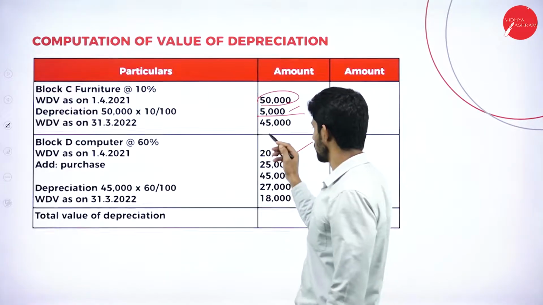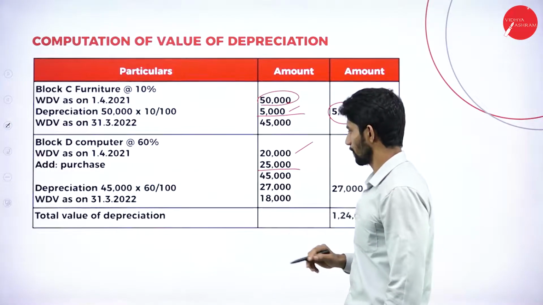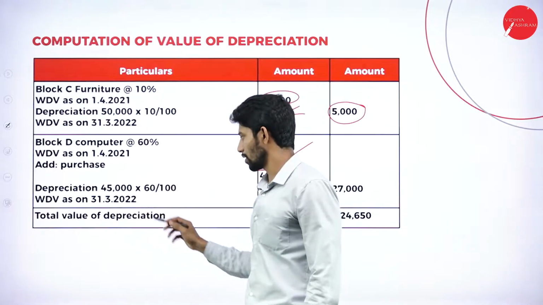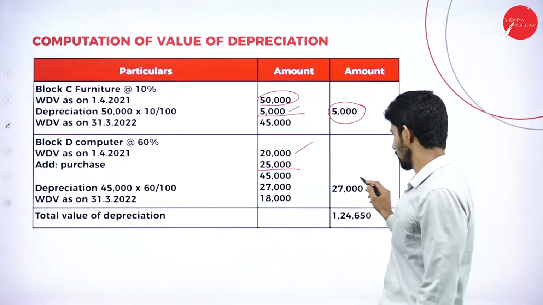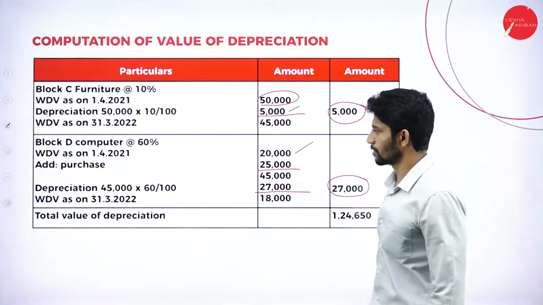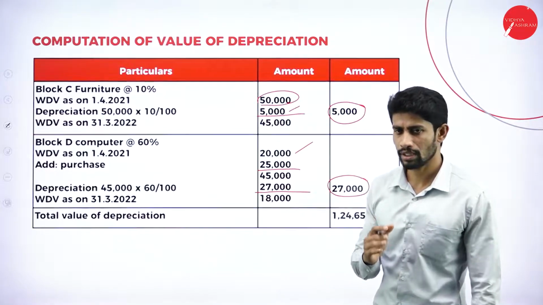So add 25,000 here. If you add, you will get 45,000. On 45,000, calculate the depreciation at 60%, you will get 27,000. So 27,000 is the value of depreciation, and the remaining 18,000 is the written down value as on 31st March 2022.